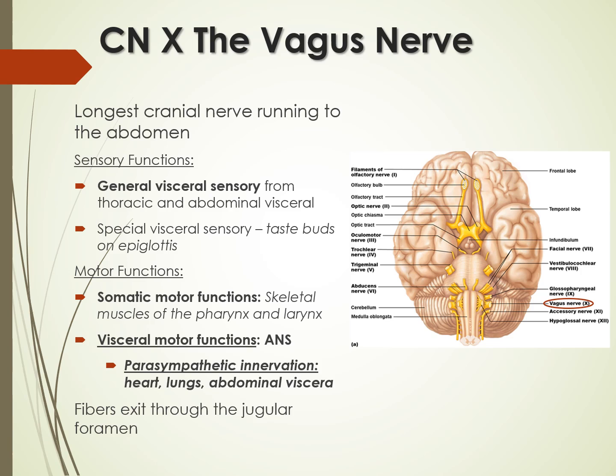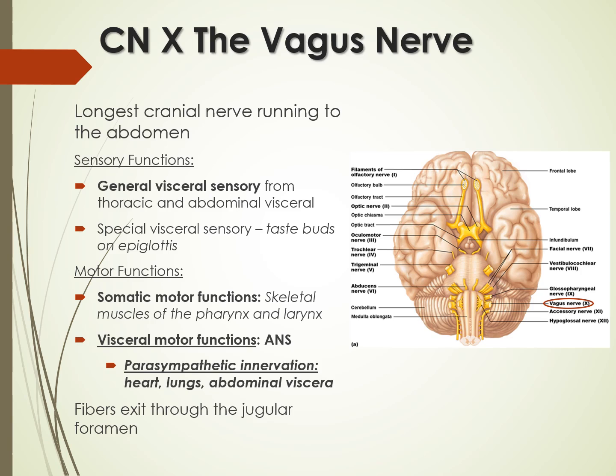You wouldn't think taste buds were that important, would you? But they are. So it innervates some of the very far back taste buds all the way back on our epiglottis, which is part of the larynx. So we'll talk a little bit more about the epiglottis when we talk about the digestive and respiratory systems.